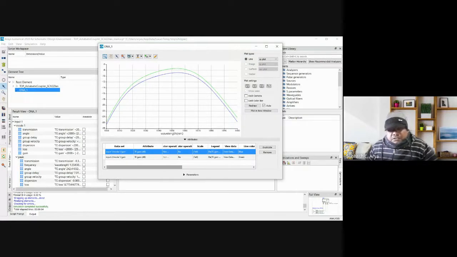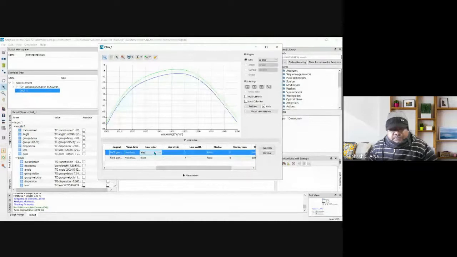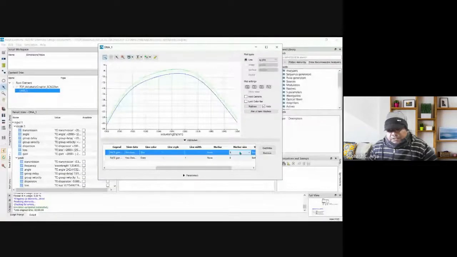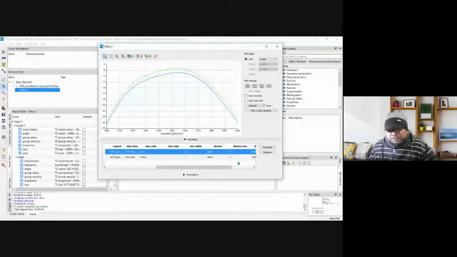So in the mode 1, this is port 3, the blue one, above, and below it we see the green one.